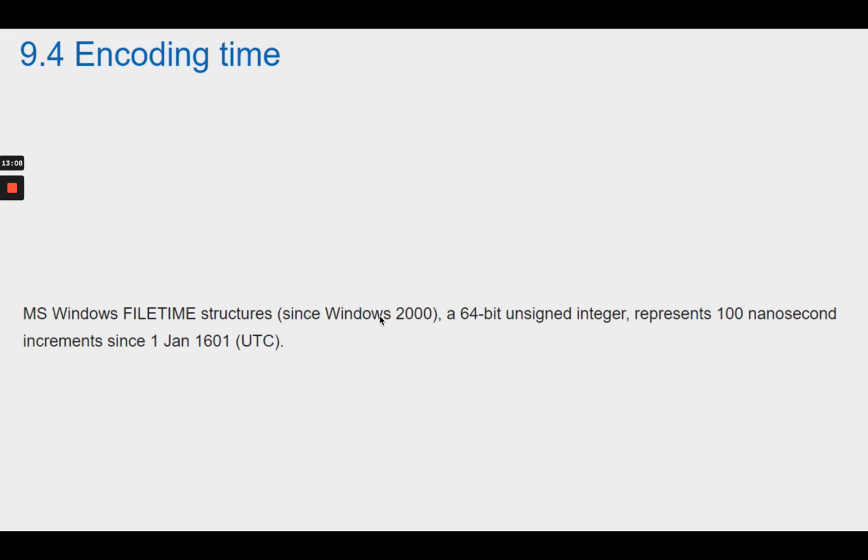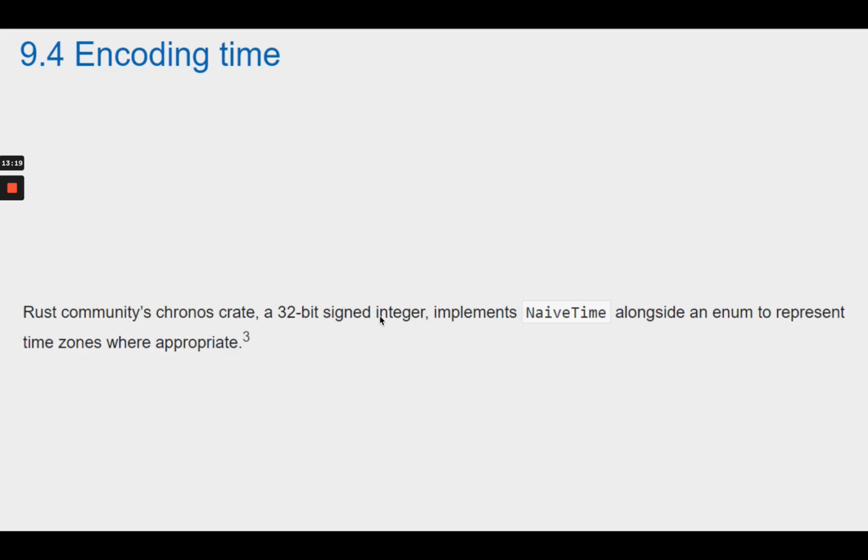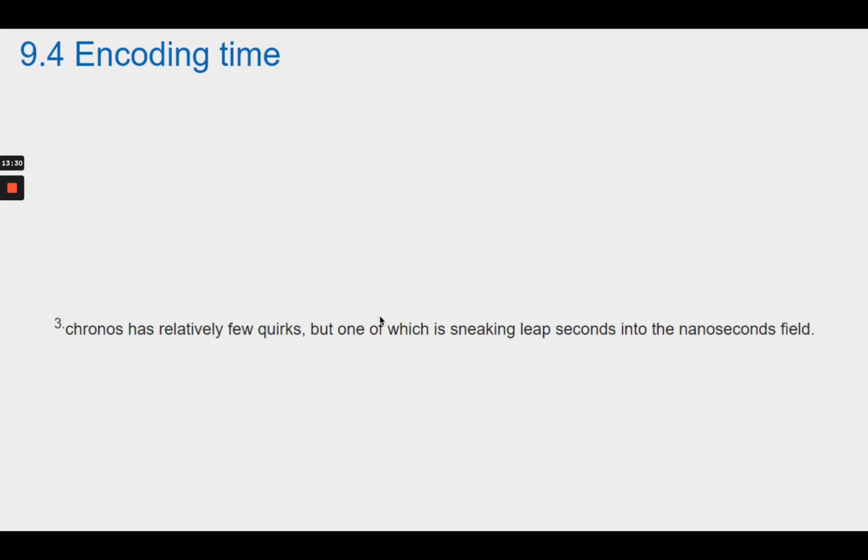MS Windows file time structures, since Windows 2000, a 64-bit unsigned integer, represents 100 nanosecond increments since the 1st of January 1601 UTC. Rust community's Chrono crate, a 32-bit signed integer, implements naive time alongside an enum to represent time zones where appropriate. Footnote 3. Chrono has relatively few quirks, but one of which is sneaking leap seconds into the nanoseconds field.